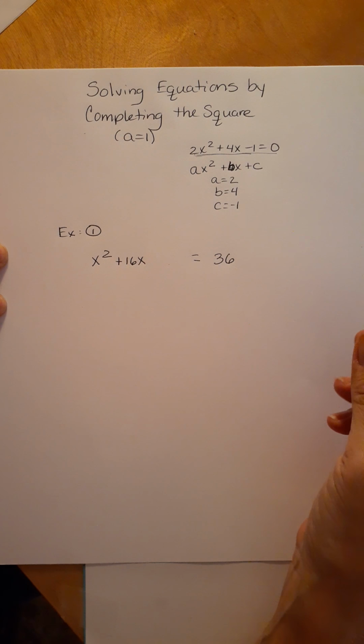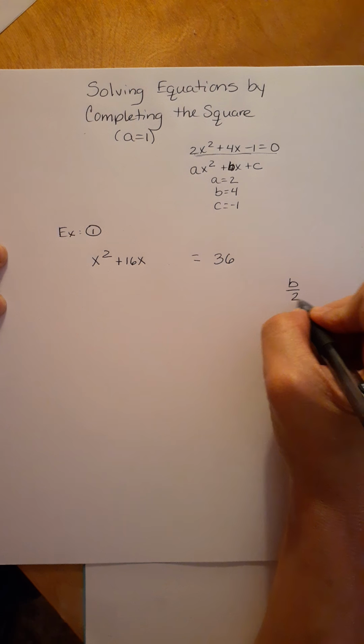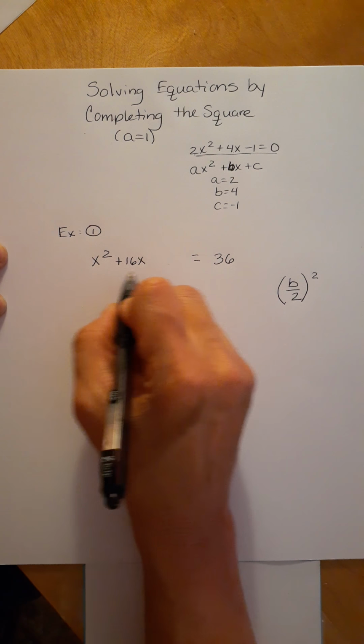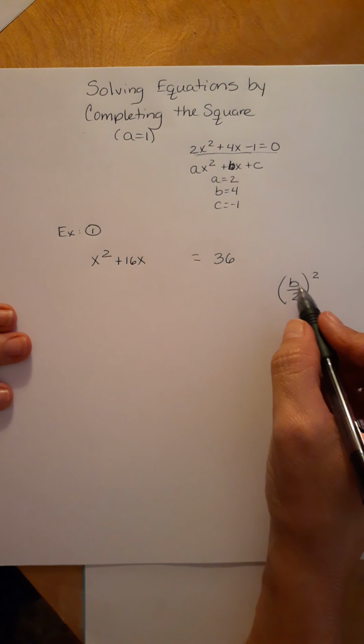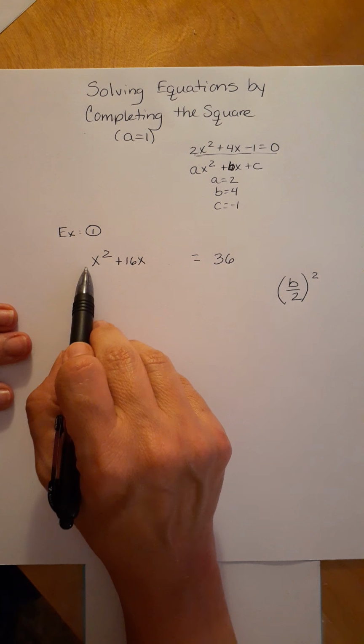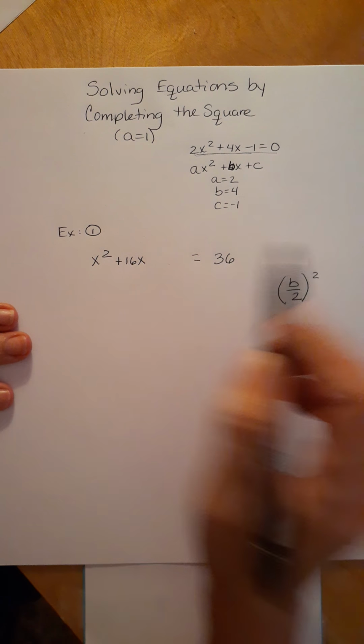And the first thing I do, we have a little hint, which is you're going to take your b term and divide it by 2 and square it. That's going to help us find the perfect square here. All right, so what is my b term? Well, my first term is a, which would be no number, so it's a 1. My b term here is 16.